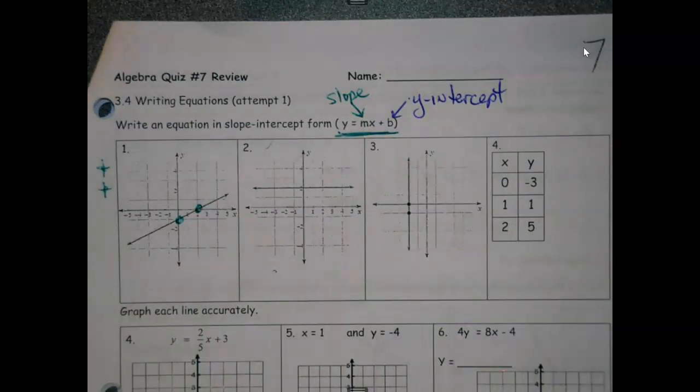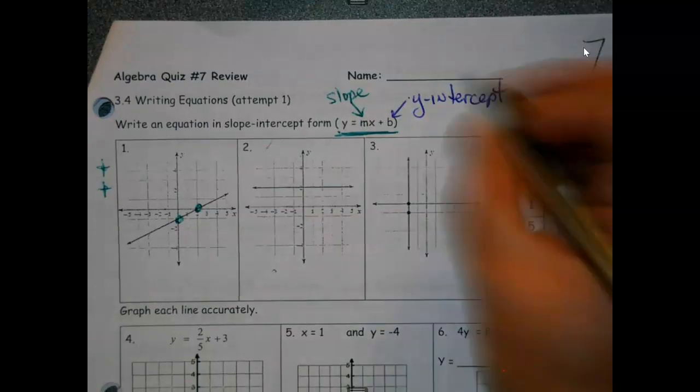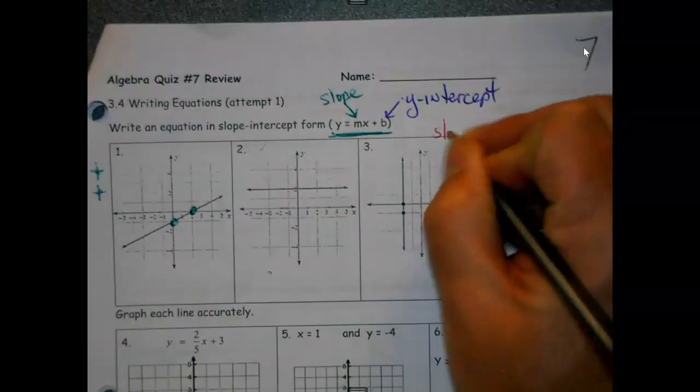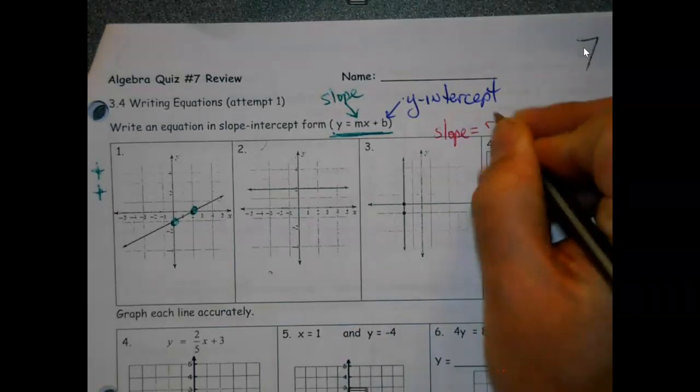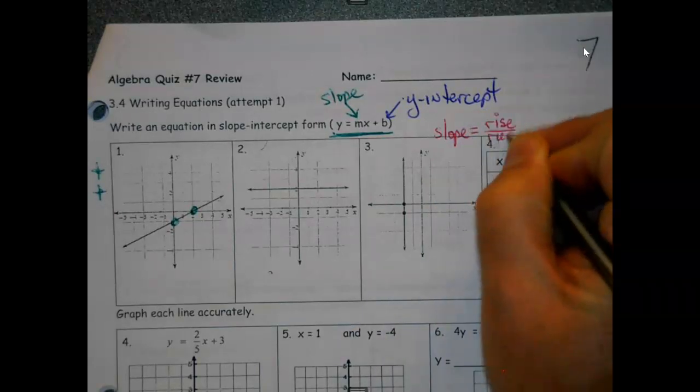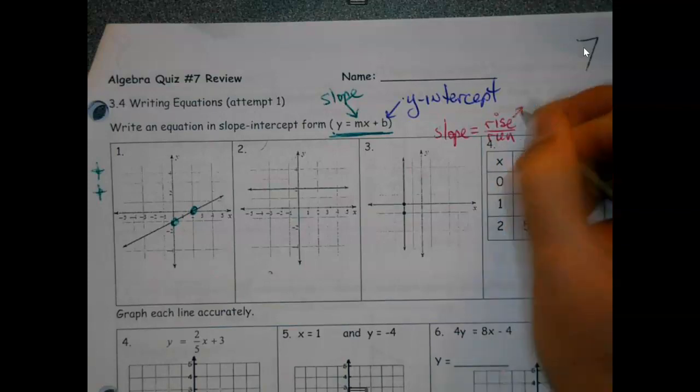So what we've got to do when we're doing this, and we're going to add one more little piece to our notes in this part, even though we'll see it again coming later, is that slope is rise over run.